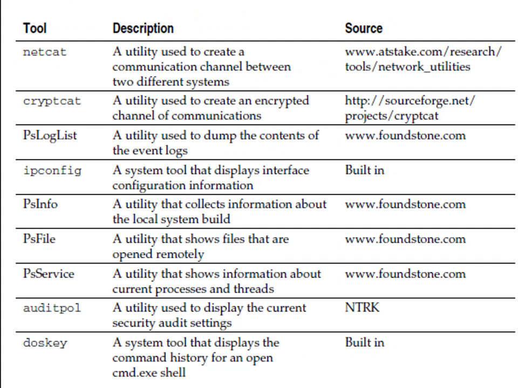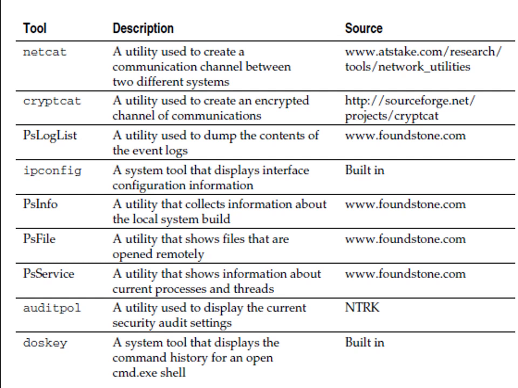We also have tools such as Netcat. We also have tools such as CryptCat. We also have tools such as PS Loglist, IPconfig, PS Info, PS File, PS Service, Audit Pol, as well as DOSKey.